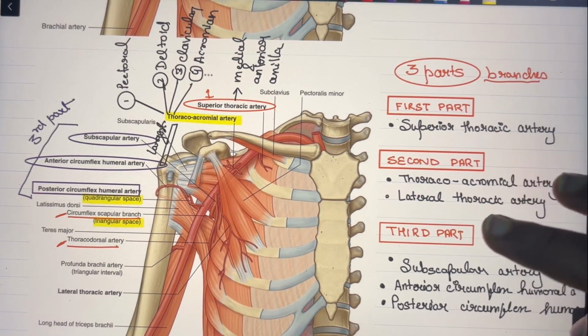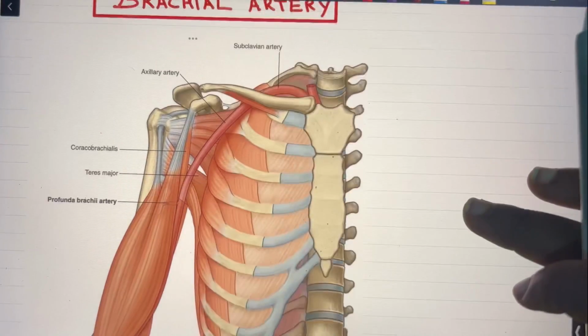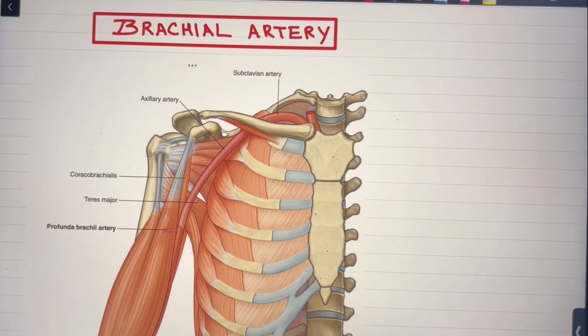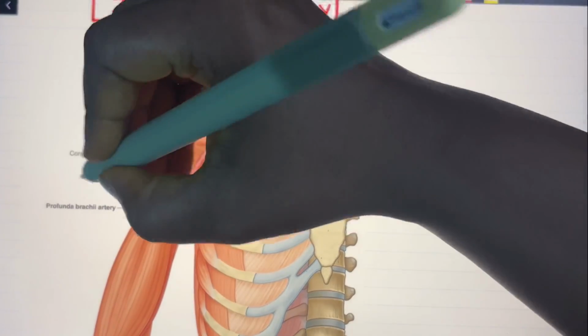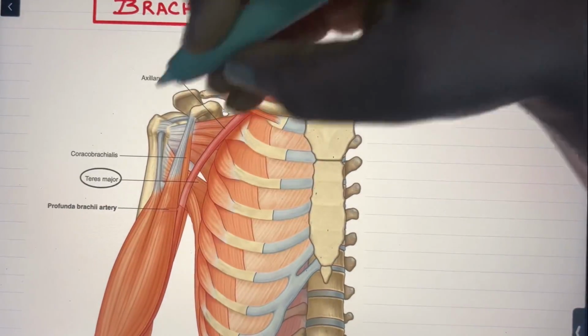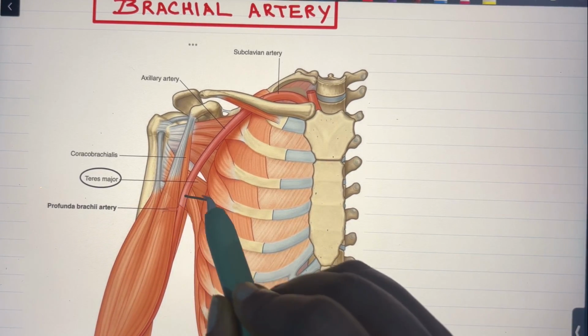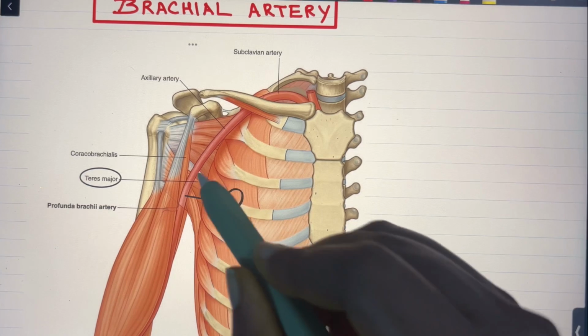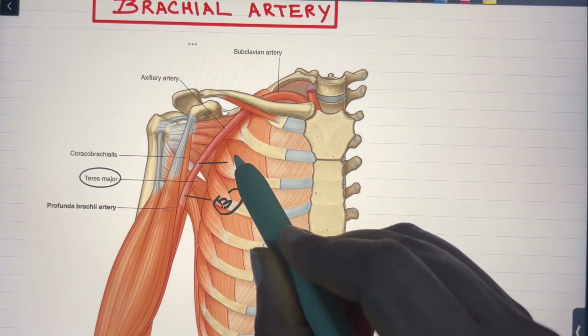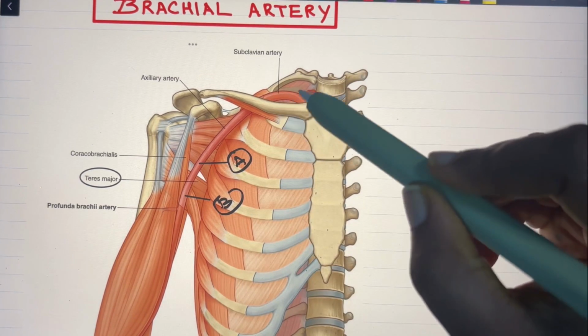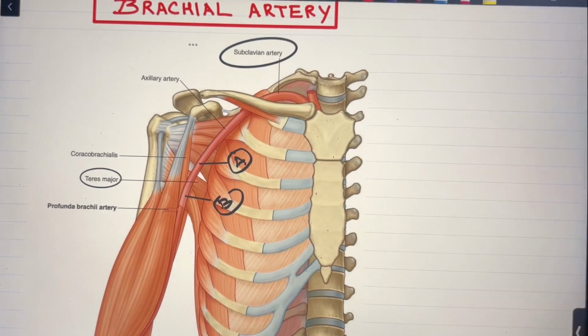Now we will see the brachial artery. The brachial artery is the continuation of the axillary artery at the lower border of the teres major. This is the teres major, and from its lower border it continues as the brachial artery, and above that is the axillary artery, and above the first rib is the subclavian artery.